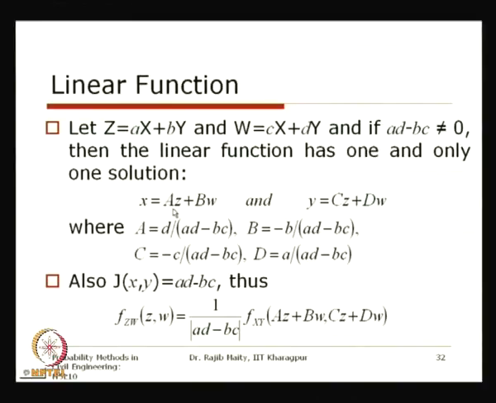Basically we are getting their inverse function. Once we know this inverse function, we also know the Jacobian of x y, dou x dou y, which is AD minus BC. Thus the joint density f_ZW equals 1 by (AD minus BC) times f_XY of (Az plus Bw, Cz plus Dw).